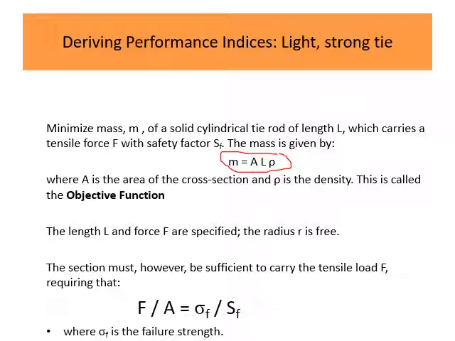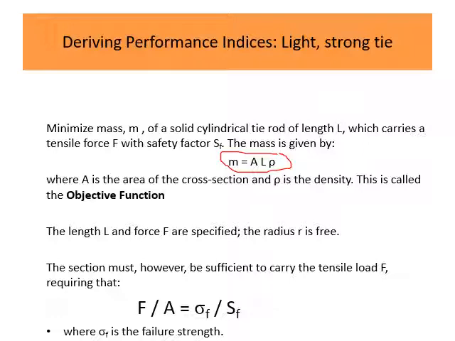The length L and force F are specified, and the radius R is free. The section must, however, be sufficient to carry the tensile load F, requiring that F divided by A is equivalent to the fracture stress or fracture strength divided by section.